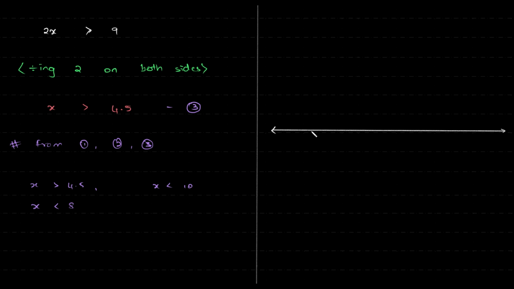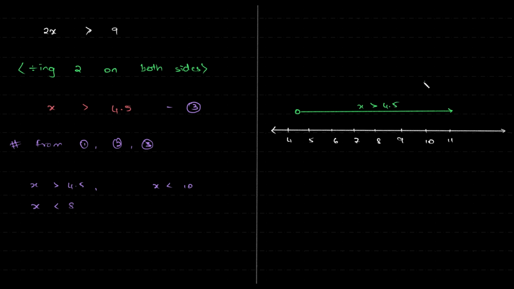So we can start off with 4, 5, 6, 7, 8, 9, 10, 11. I think that's enough, right? So the first condition is x is more than 4.5. 4.5 is somewhere over here. So values above 4.5 is the first condition. Then we have less than 10.